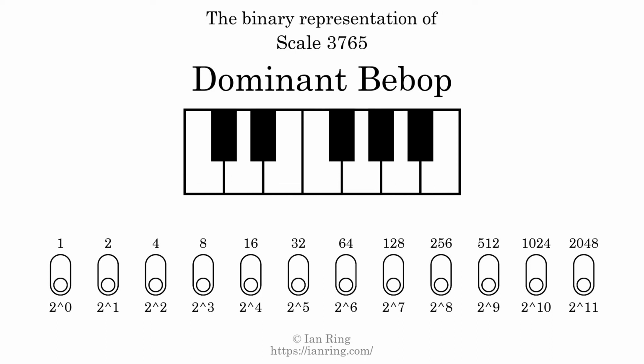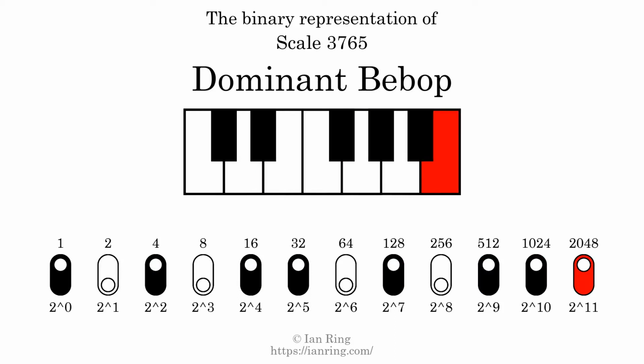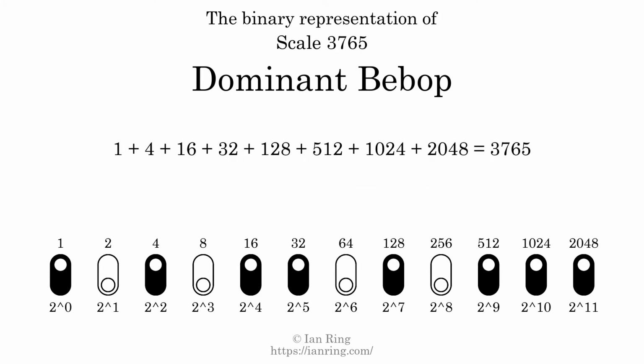The binary representation of this scale is determined by mapping tones of the scale to binary digits. Each binary digit represents a power of 2. To get the scale number, we add the powers of 2 together. The powers of 2 that are present in the scale, all added together, equals 3765.